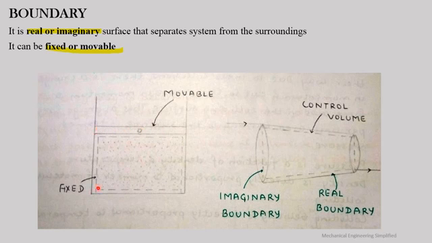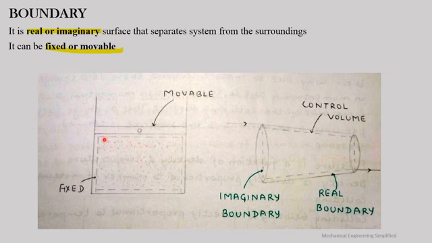If we draw the boundary inside this control volume, the boundary near the cylinder is a fixed boundary. On the other hand, the boundary close to the piston is a movable boundary. When the piston moves up or down, this boundary also moves up and down.